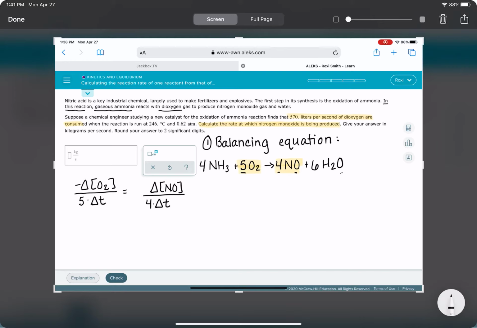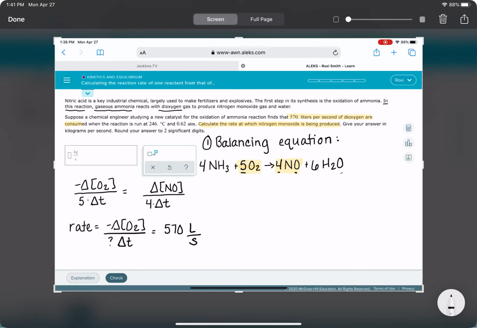So what do we know? We know that the rate of the oxygen is 570 liters per second. So that means that the rate of the oxygen, just the oxygen, is 570 liters per second. Now you might be wondering, wait a minute, what happened to the 5?